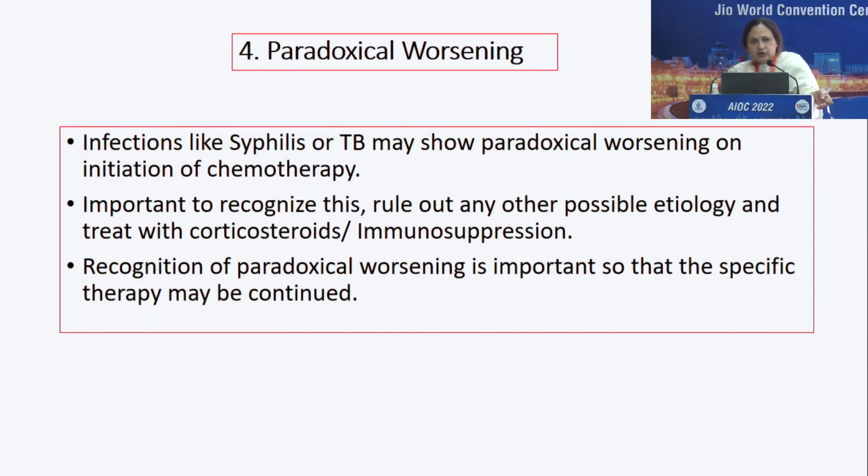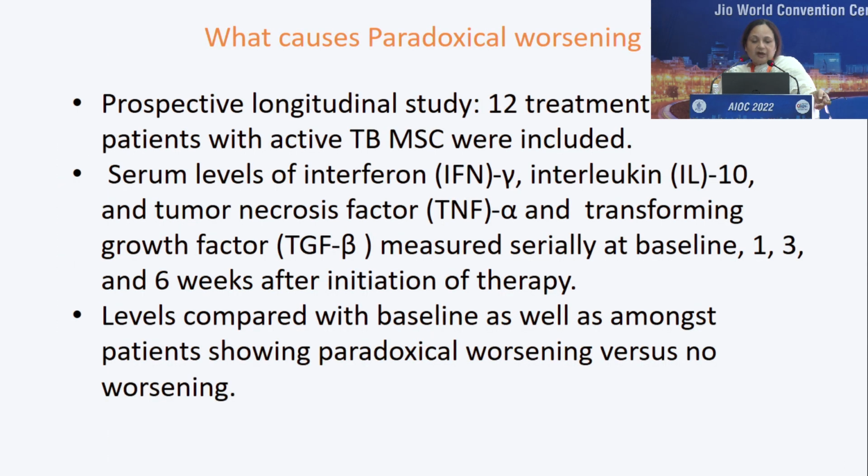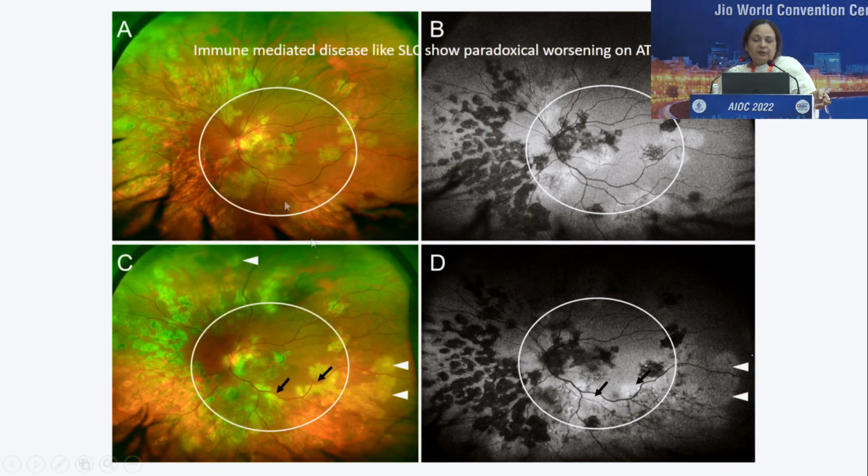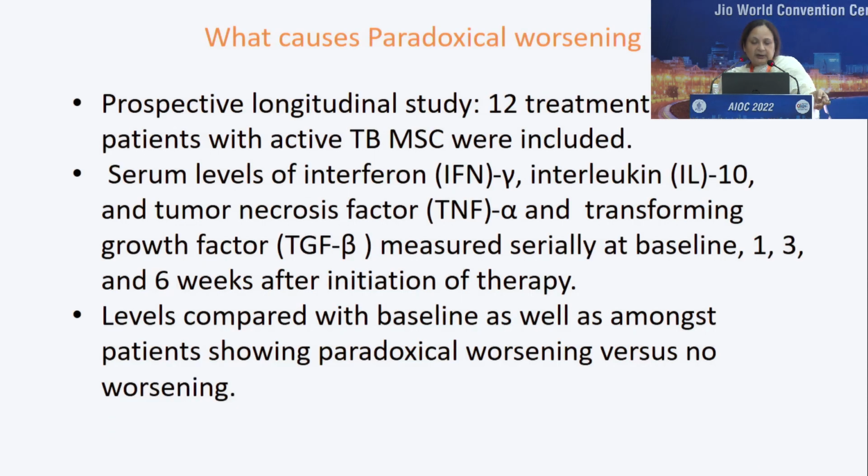The fourth issue is when you start anti-infective treatment, there could be paradoxical worsening, and paradoxical worsening is something which happens very commonly in TB. For example, you start anti-TB drugs and the bottom one shows the worsening of the previous lesion, development of new lesions as in arrowheads. So these are examples of paradoxical worsening, which typically comes in 2 to 3 weeks' time when you start anti-TB drugs.